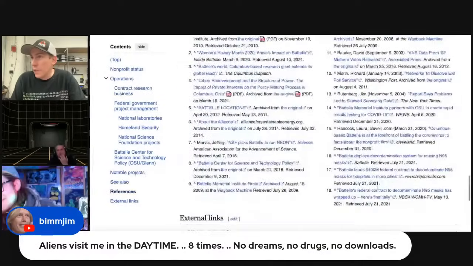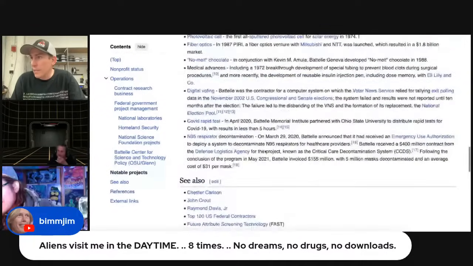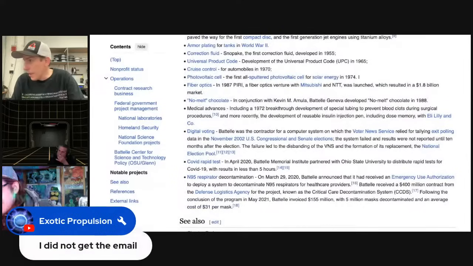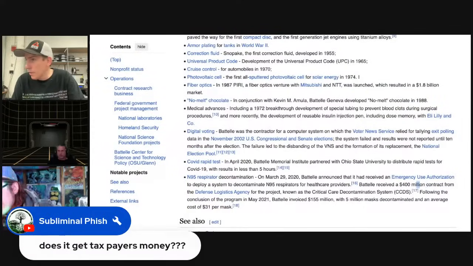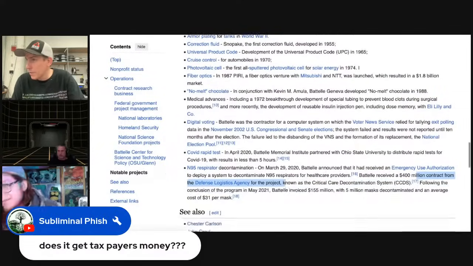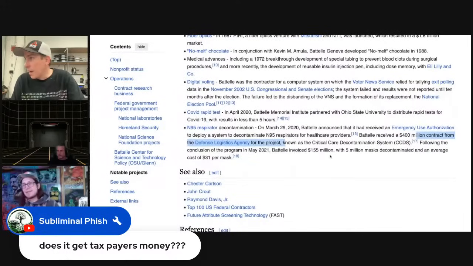And they helped with the COVID tests, dude. In fact, they got paid. Check this out. They received a $400 million contract from the Defense Logistics Agency to redo masks. They decontaminated 5 million masks at an average of $31 per mask. And they got all the taxpayers' money.